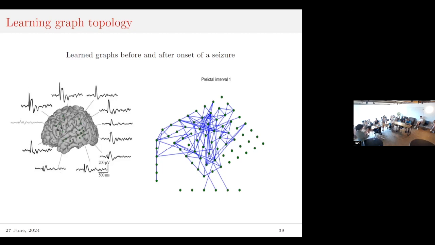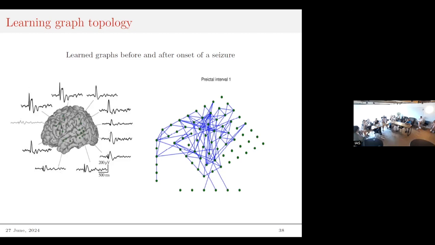We can observe in this animation that before the seizure, the graph tends to be densely connected. When there is the seizure, the graph tends to lose connectivity and becomes more sparse.